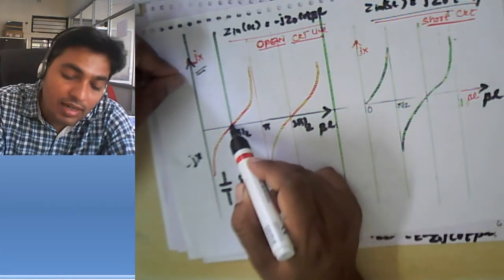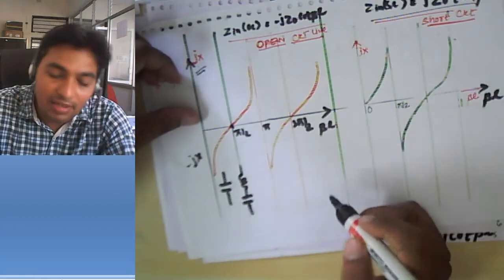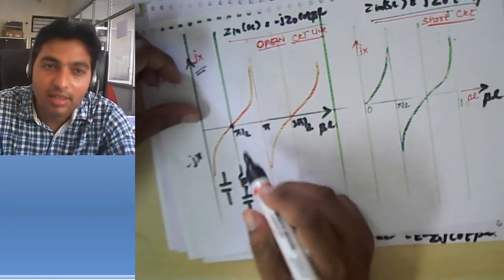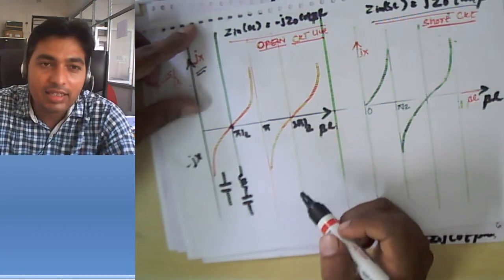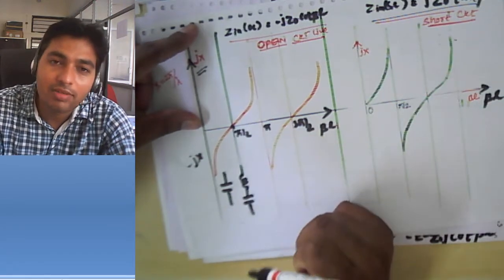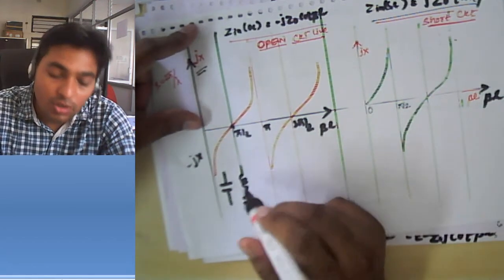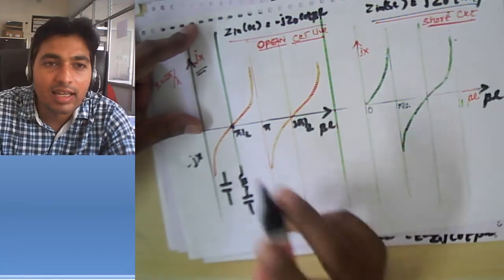So we get a minimum impedance if the length of this open circuited transmission line is equal to lambda by 4. So we get a series LC connection.